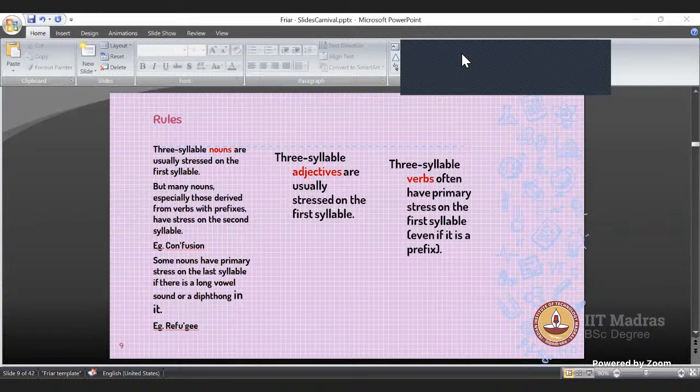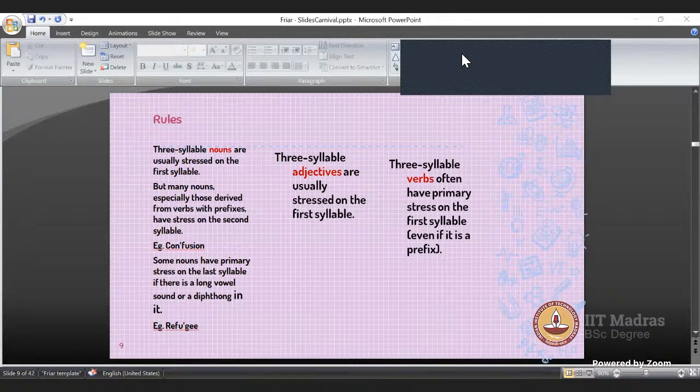Some of them may take it in certain cases, especially when they appear as verbs. But mostly prefixes are unstressed and don't cause any change to the existing stress pattern of the word. So that's one part.